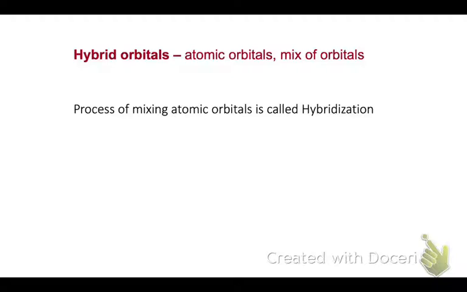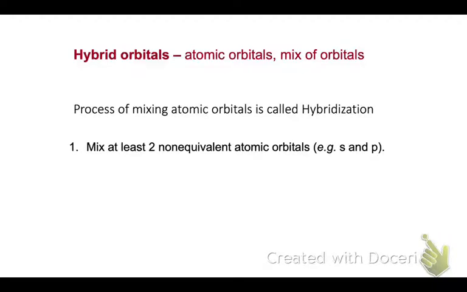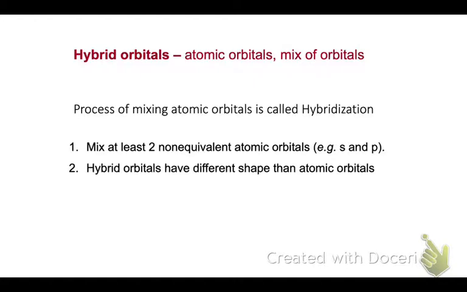That process of mixing atomic orbitals is called hybridization. So we mix at least 2 non-equivalent atomic orbitals, meaning I mix s with p, or s, p and d, but you don't mix s with s or p with p. That's what we mean.